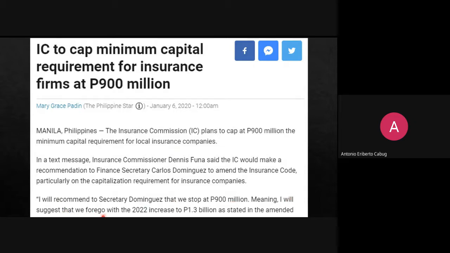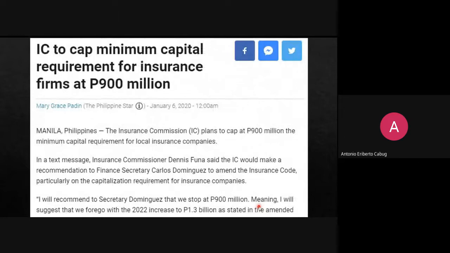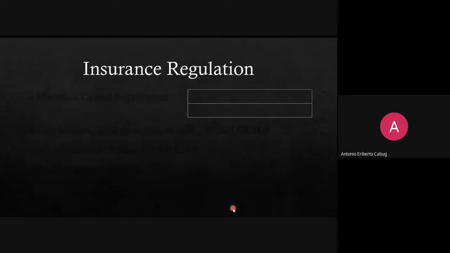I will suggest that we forego the 2022 increase to 1.3 billion pesos as stated in the amended insurance code. So maybe they're going to scrap the 2022 requirement of 1.3 billion pesos. Ang gagawin na lang nila, 900 million na lang. But further developments should be monitored kung ano ba talaga mangyayari dyan.